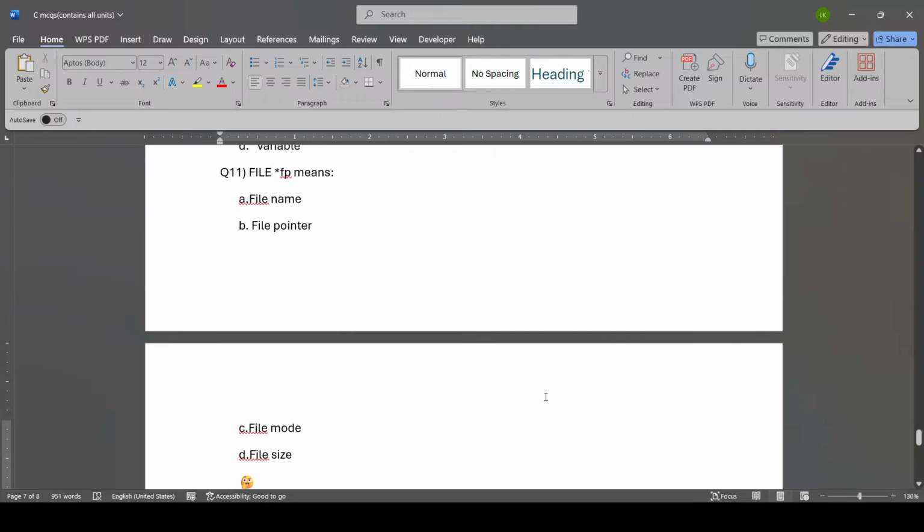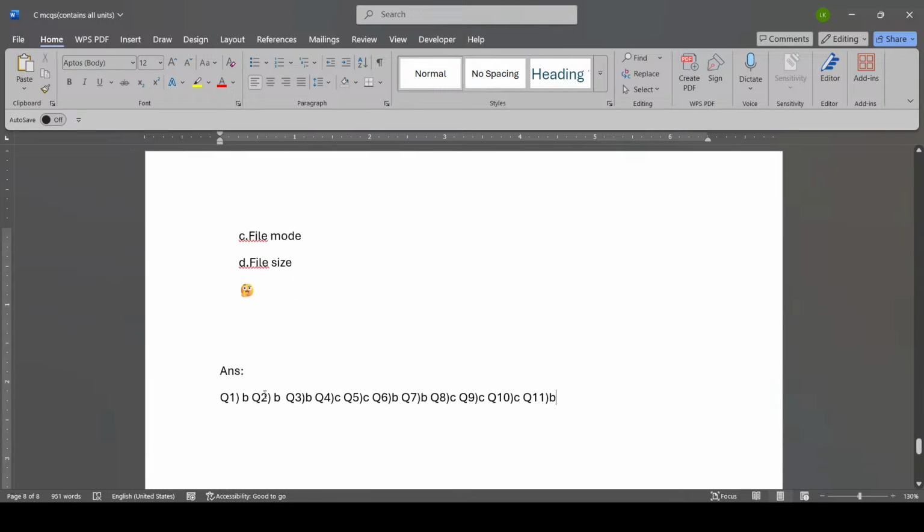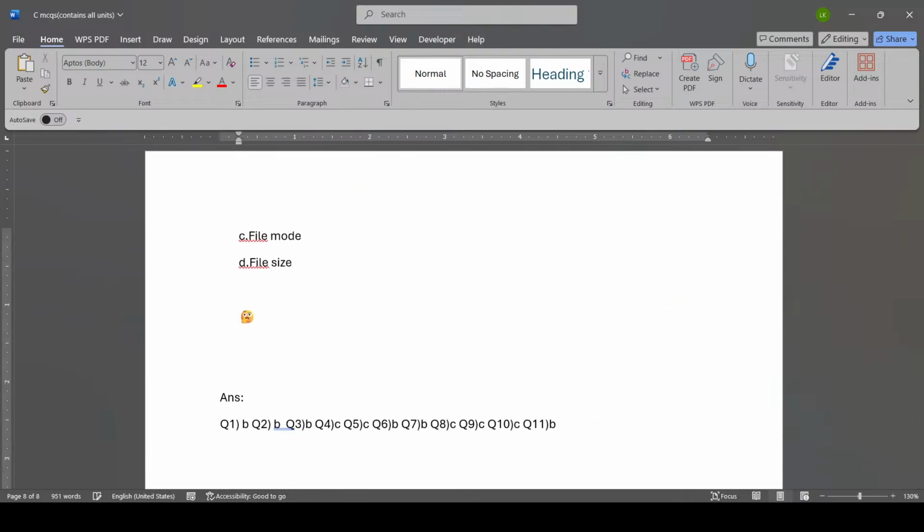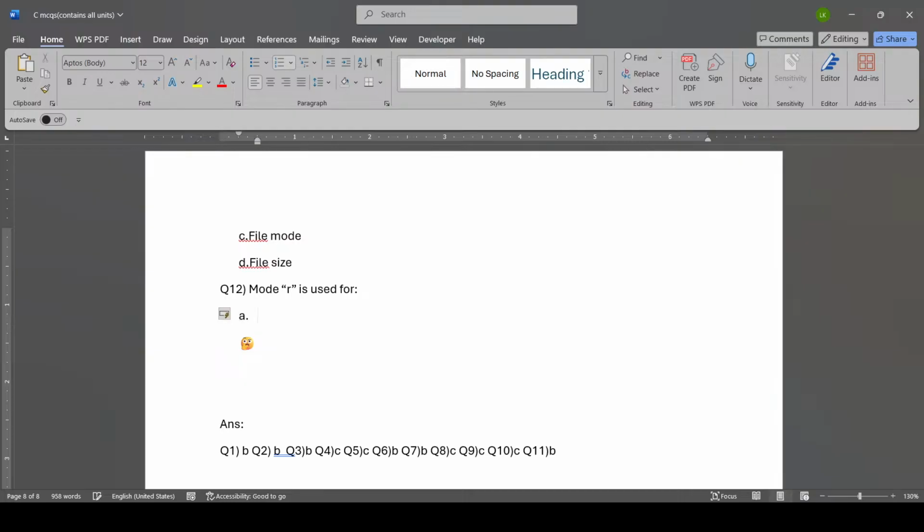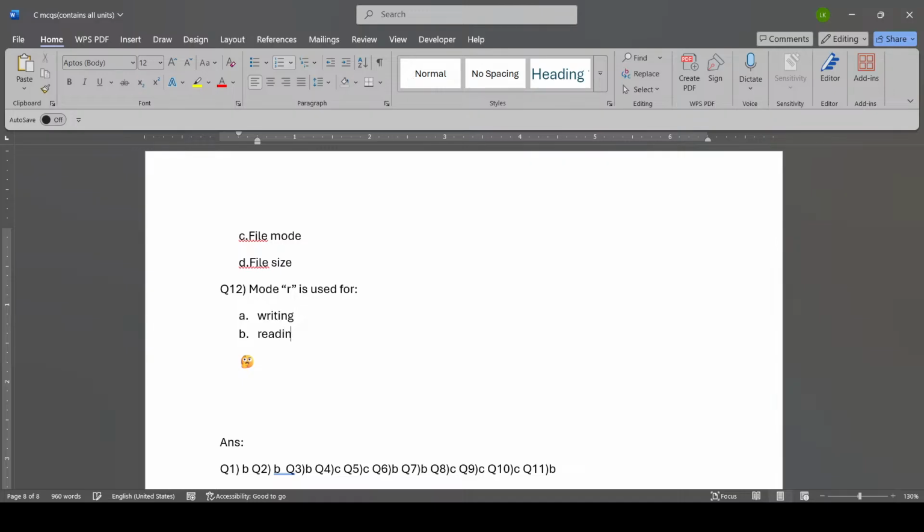Now we are going to the next question, question number 12. Mode r is used for: first, writing; second, reading; third, appending; next, deleting.